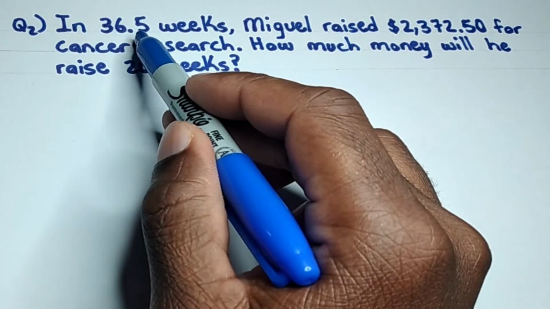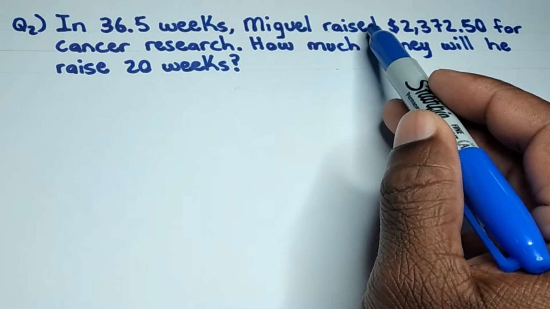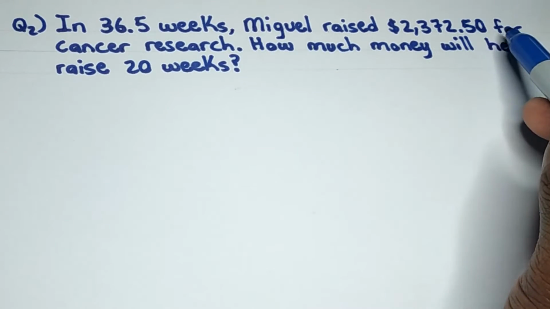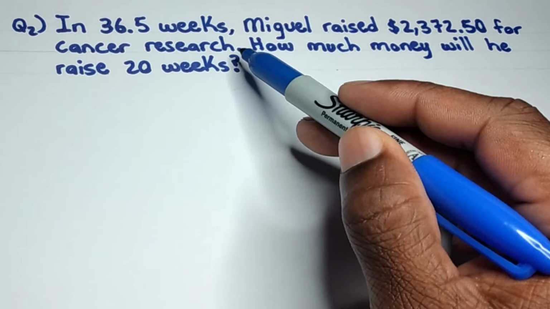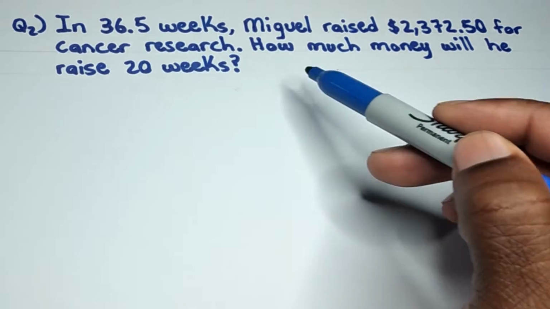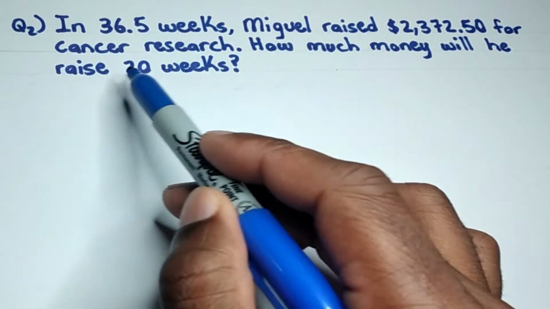So in 36.5 weeks or 36 and a half weeks, Miguel raised $2,372.50 for cancer research. How much money will he raise in 20 weeks? All right, so what I want to know is how much money Miguel will raise in 20 weeks.